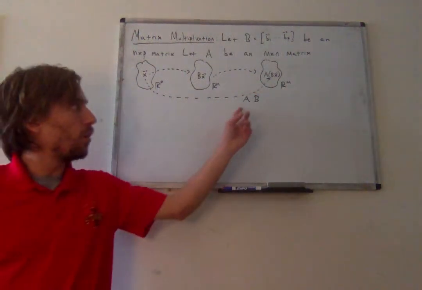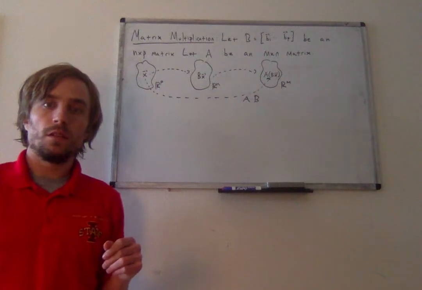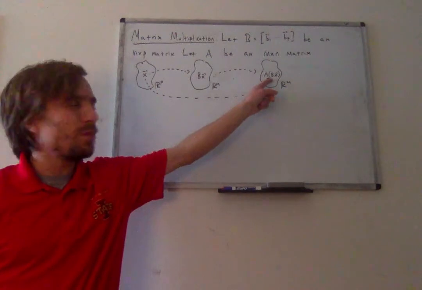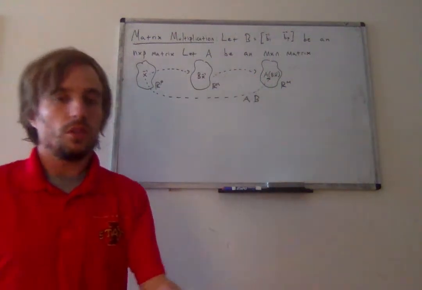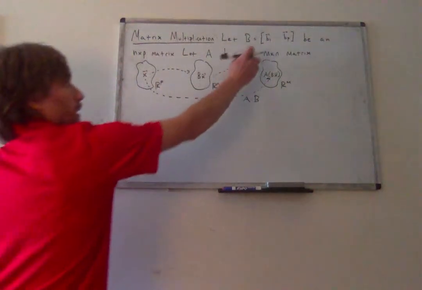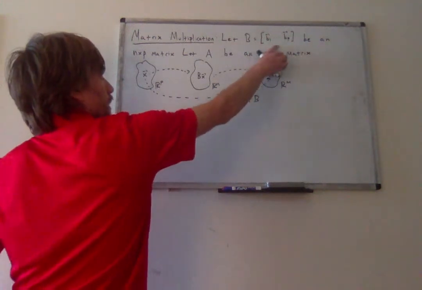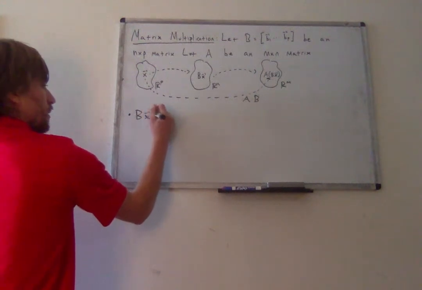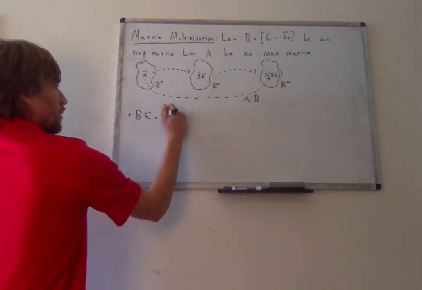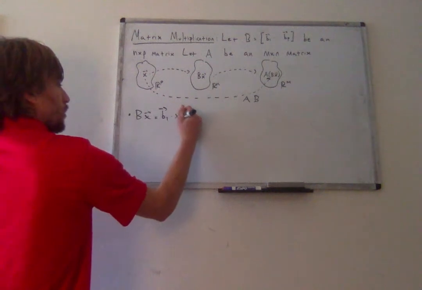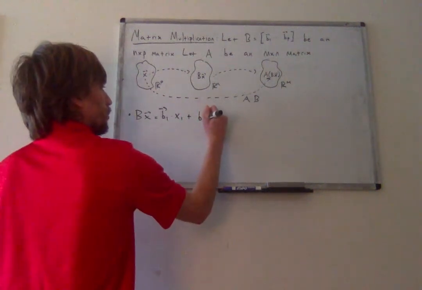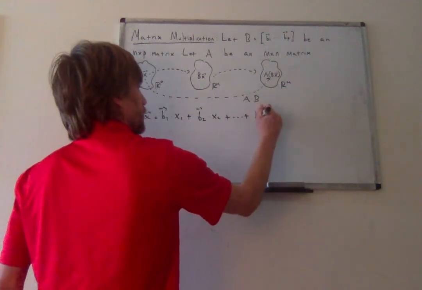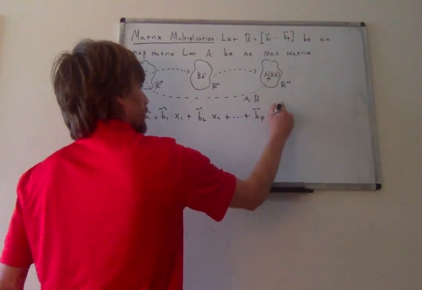So in order to figure out how to calculate A times B, we need to ask, okay, what's going on in these compositions, and what am I actually getting here? First things first, if these are the columns of B, so if we define B this way, then B times x is equal to b1 times x1 plus b2 times x2 plus up to bp times xp.